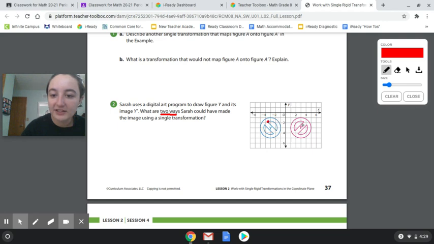Do you see how it's facing this way, and then suddenly now it's facing this way? That means that its orientation changed. So it was facing this way, now it's facing this way, which means it cannot be a translation, so that must be a reflection.